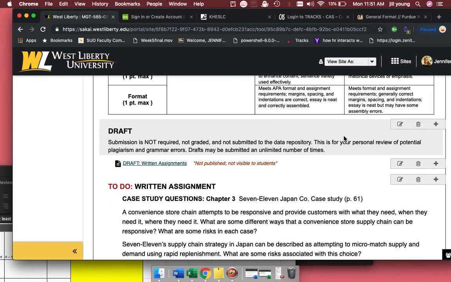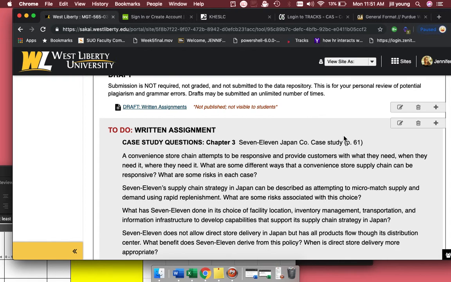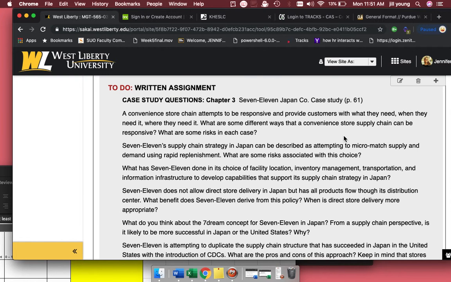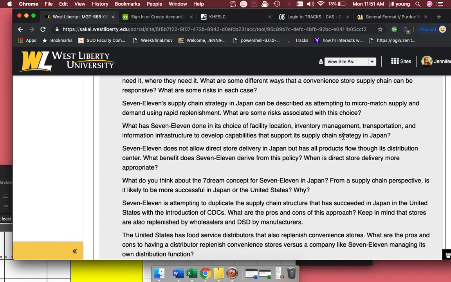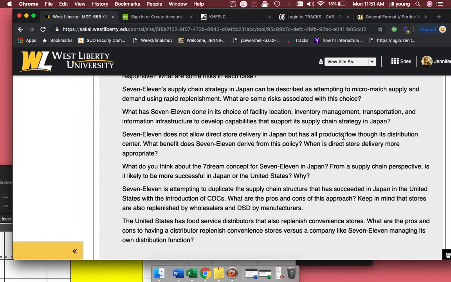Okay, so for the paper, it's a case study, Chapter 3, the 7-Eleven Japan Company case study, page 61. So it's going over some of the practices in Japan and 7-Eleven.